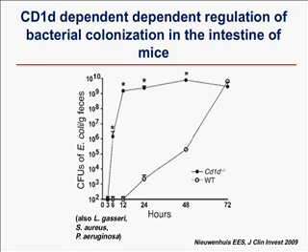You see the same thing with a variety of other organisms. So the message is that the CD1d NKT cell pathway is present and operative in the intestines, and very important in the management of pathogens and commensals.